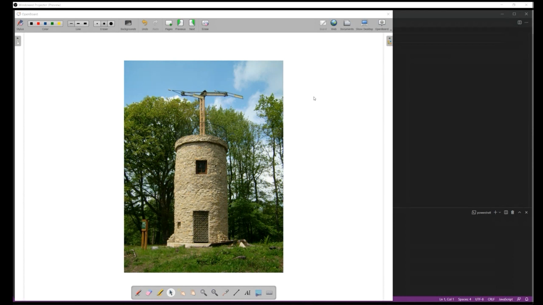So messages were encoded using different arm positions.